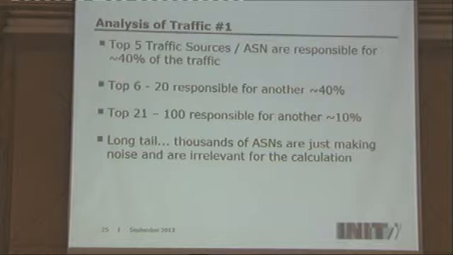And if you look further, the top 20, another 40%, and the top 100, another 10%. And then all the other thousands of ASNs around the globe, they are just irrelevant. They just make the basic noise, and that's it. So we don't need to think about those.